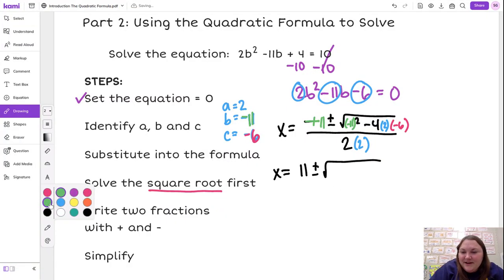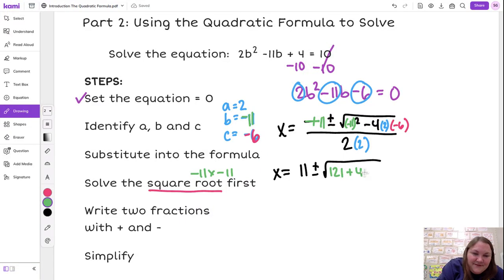So 11 squared, remember negative 11 squared would be negative 11 times negative 11, and that's going to be a positive 121. And then our minus 4 times 2 times negative 6. Well, negative 4 times 2 is negative 8, and negative 8 times negative 6 is positive 48.